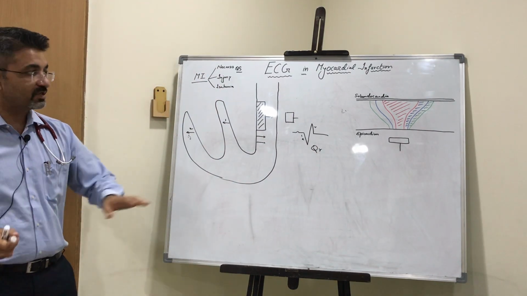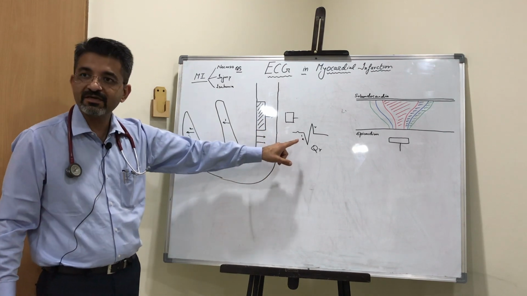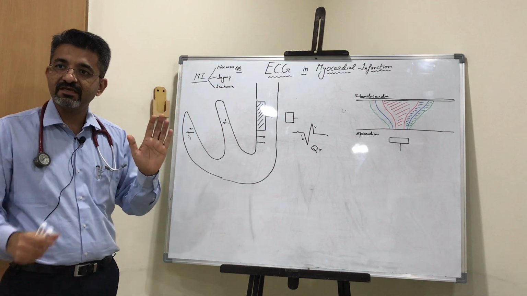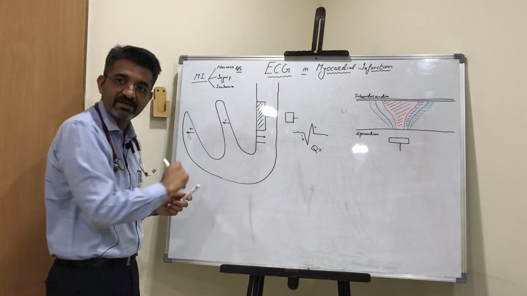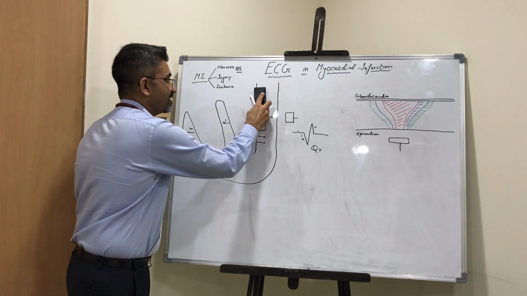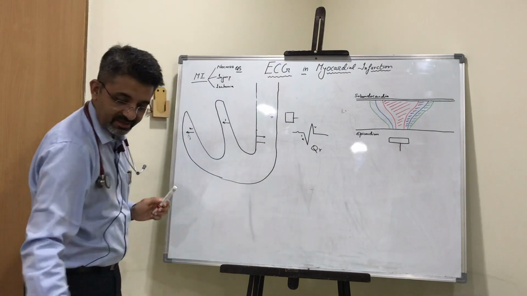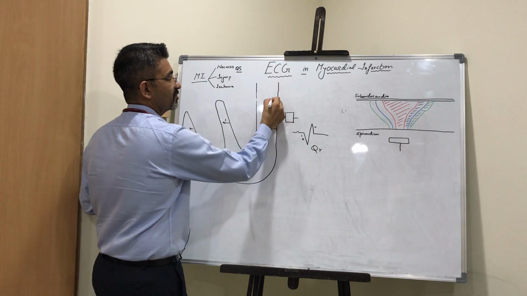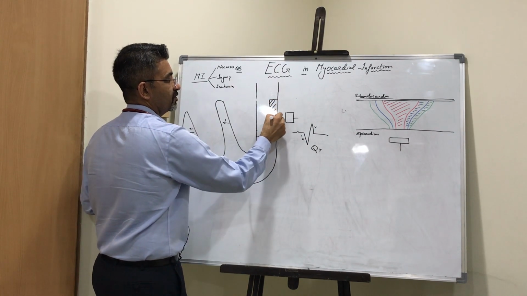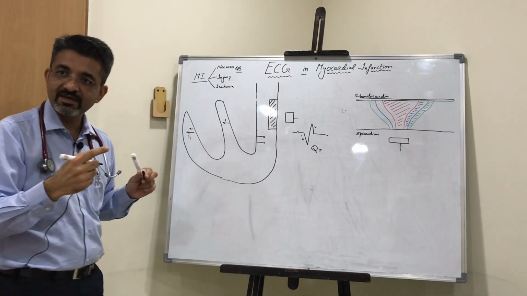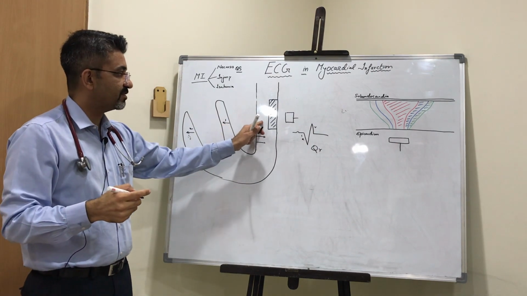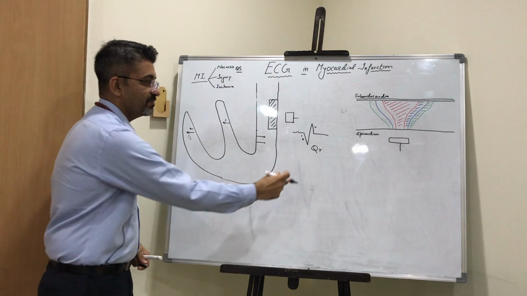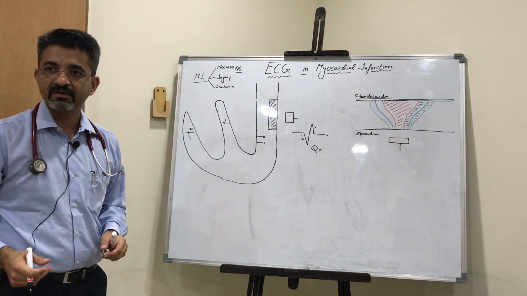So in any lead, if we encounter a pattern with capital Q, small r, that means the infarction is either subendocardial, or it can be subepicardial. The same thing. When we talk of electrical principles, having a subendocardial or a subepicardial infarction doesn't matter. The pattern will be exactly the same.